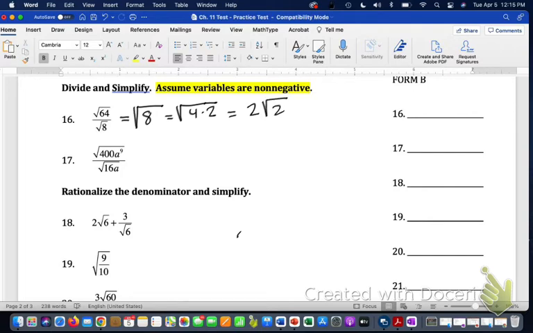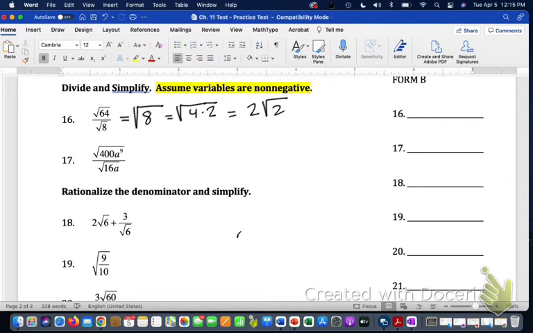Next one. I'm pretty sure 16 goes into 400. Here we go. Let's see if 400 is divisible by 16. It is, or I can just do this.